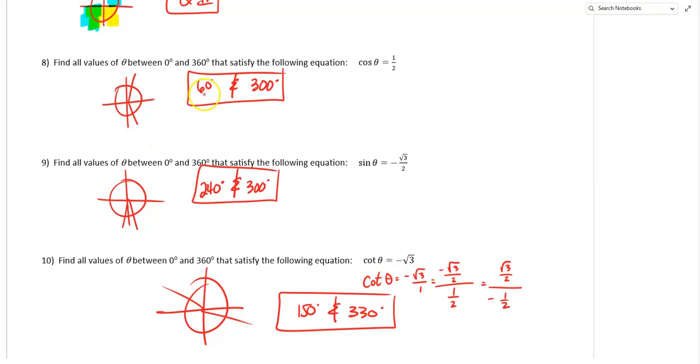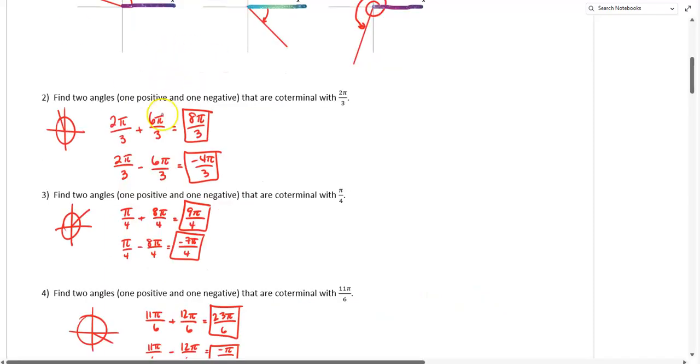These 2 angles are located at 60 degrees, or 300 degrees. Those are the 2 numbers that I would report since they exist between 0 and 360. I would not call this angle down here -60. Even though that's coterminal, the number -60 does not fall within the domain of this particular question.